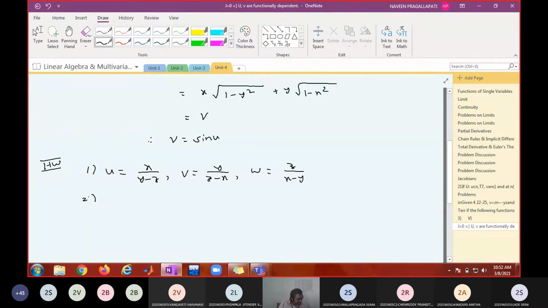Second one. U equal to x plus y plus z. V equal to x square plus y square plus z square. W equal to x cube plus y cube plus z cube minus 3xyz.